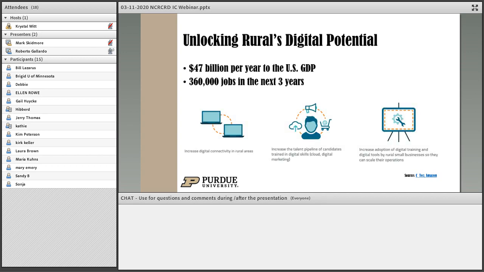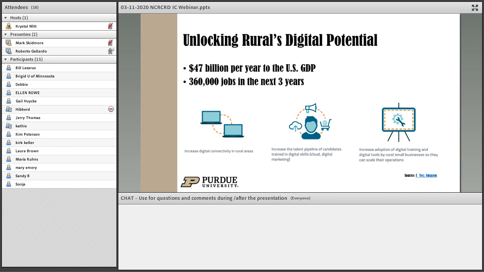It is not being unleashed, however, because there is not adequate digital connectivity in rural areas. The talent pipeline of candidates that could work in these mom-and-pops is not there. And many times these mom-and-pops do not know to ask or look for digital skills among their potential employees. So that's a big one.